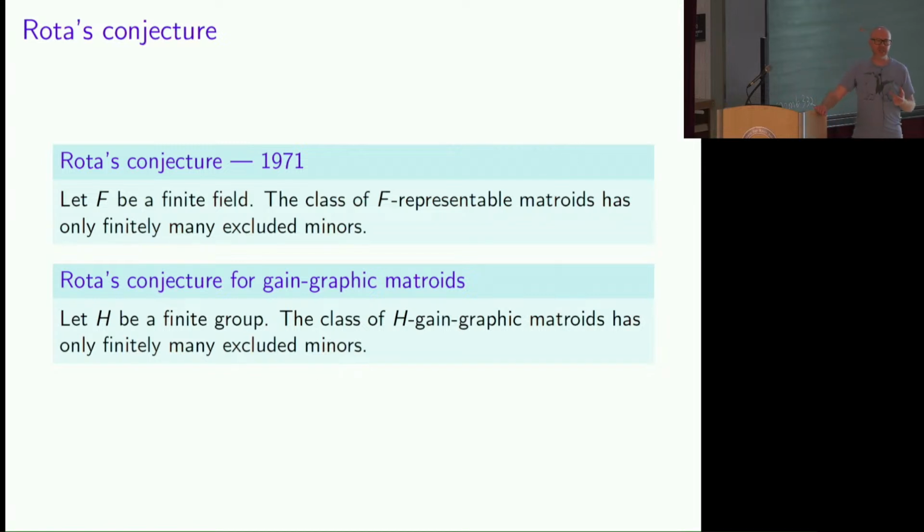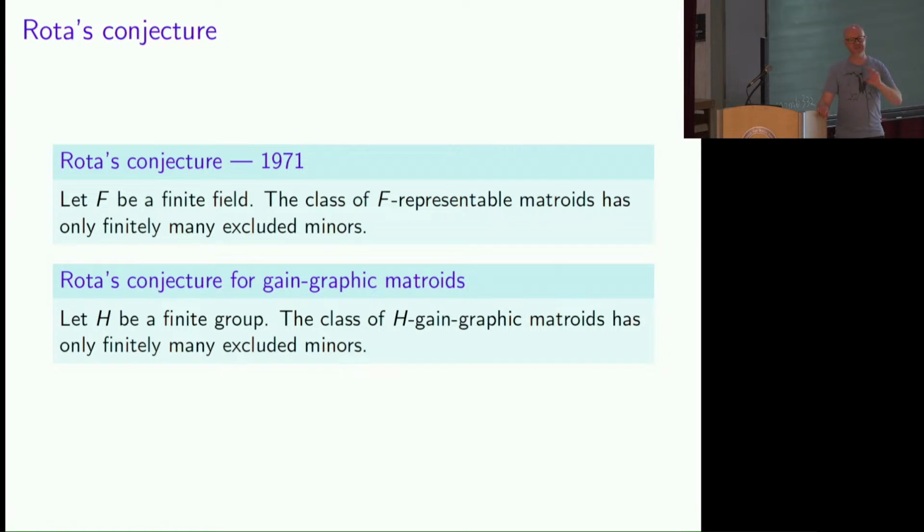So we should have a path towards this theorem. One of the ingredients will be a proof that Darrell gave fairly recently with Luis Godin and Matt DeVos that there are only finitely many excluded minors for bicircular matroids. One of the key ingredients of that proof is control over different representations of bicircular matroids.